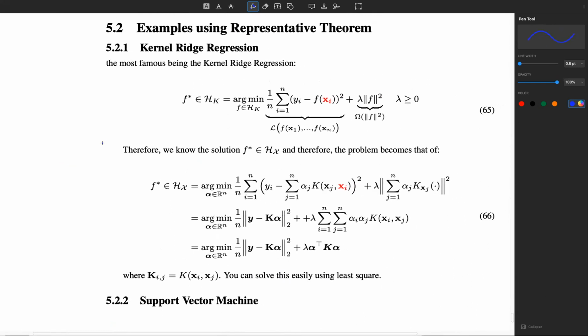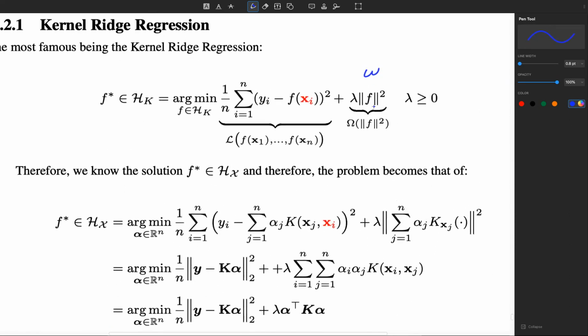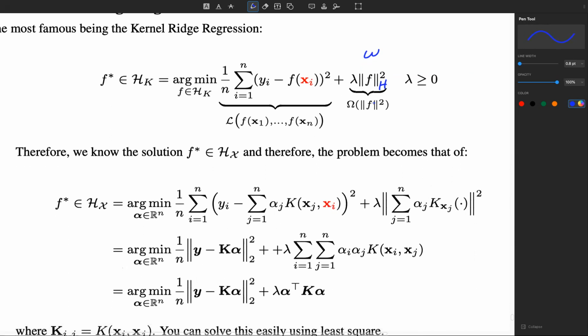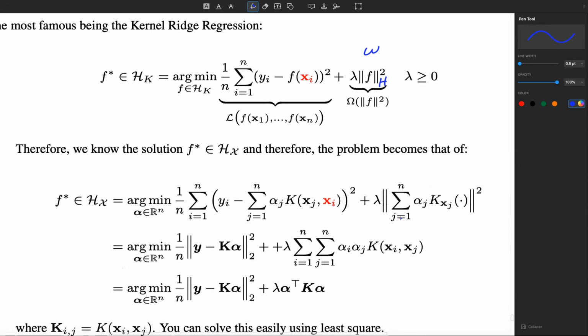Okay, so what did I tell you about ridge regression? What's the ridge regression you have seen before? This would be your parameters, like W. But now you are putting the norm squared on your function norm. In fact, this should be H here, so you are computing your norm in the sense of your kernel. When you are trying to do this, we have just done the trick that we have done before.